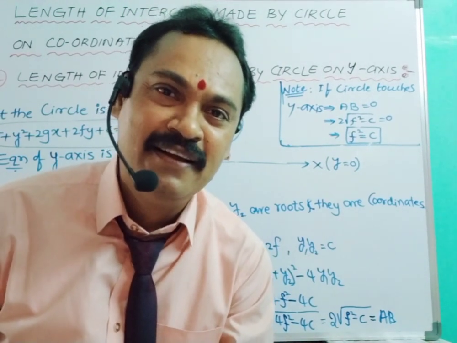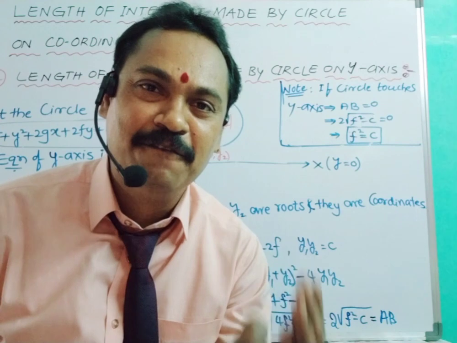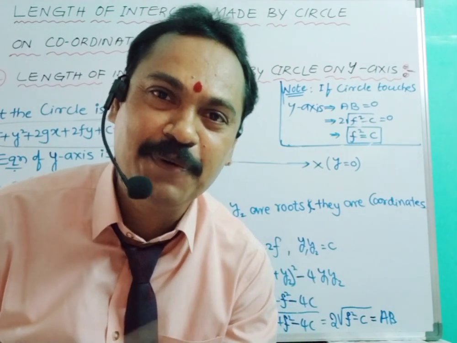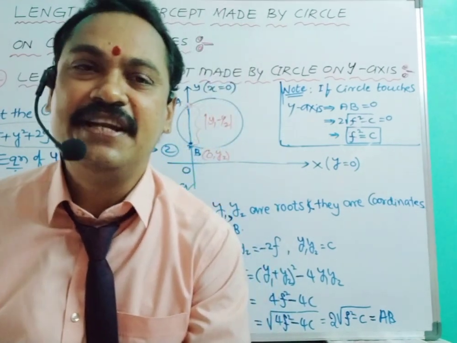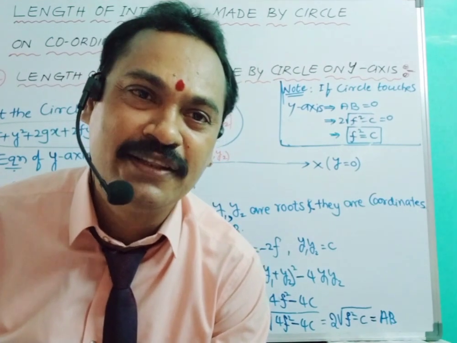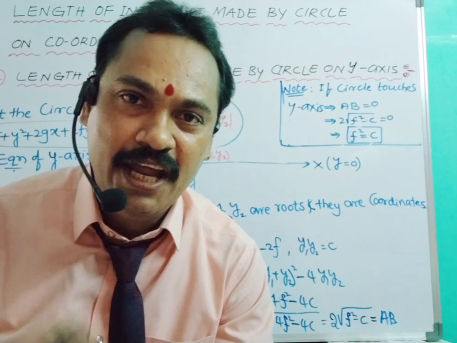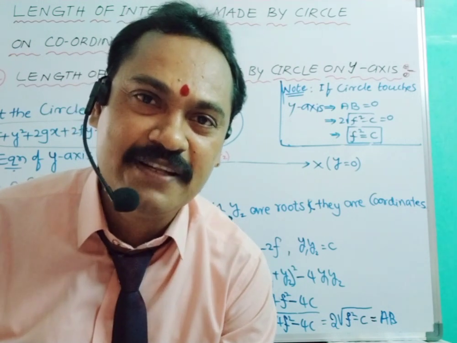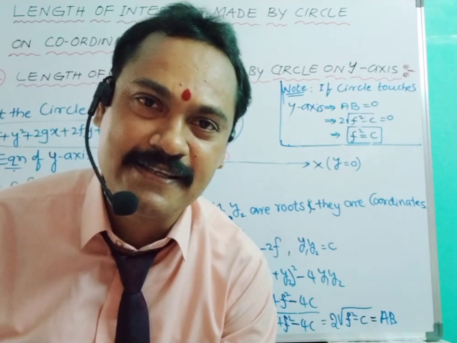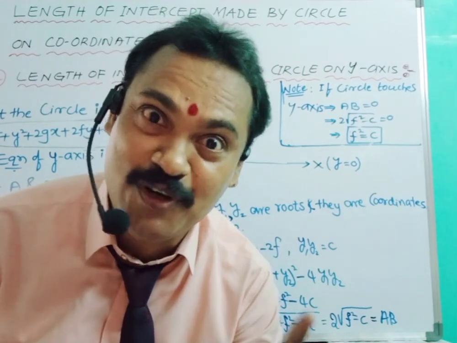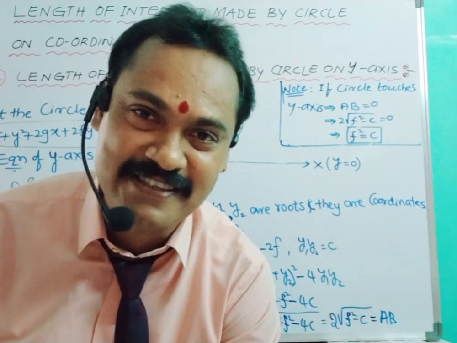Okay, now what we learned: first point, the length of the intercept made by the circle on the x-axis is 2 root over g square minus c. If one circle touches the x-axis, then what is the condition? g square equals c, just before we have discussed.